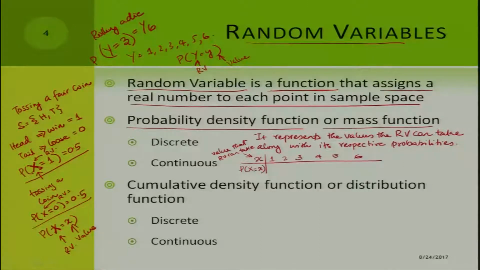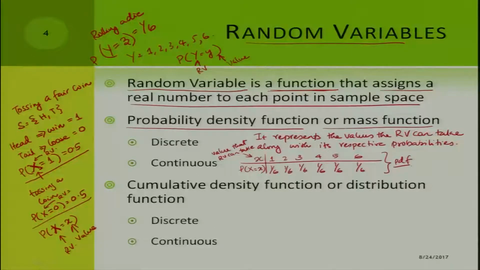This is the probability that the random variable takes any of these values, and I write those probabilities as 1 over 6. This becomes the probability density or probability mass function, distribution function, whatever you want to call it. It is typically known as the PDF.